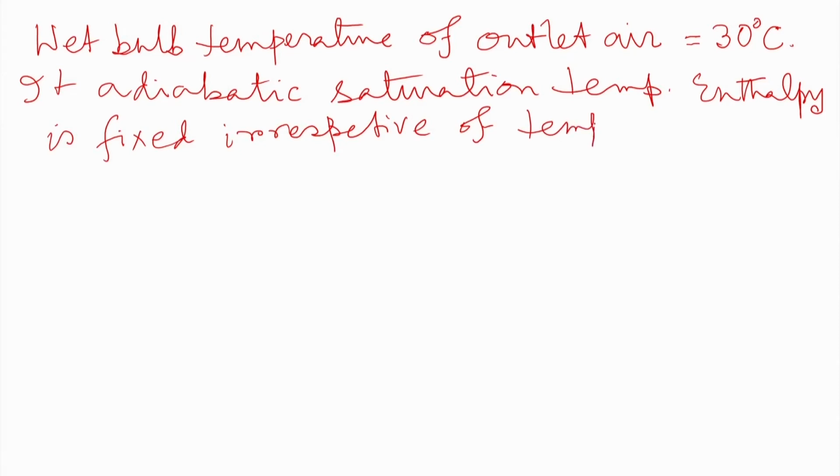Whatever dry bulb temperature the air attains, the enthalpy will remain constant, because the problem gives the wet bulb temperature of the outlet air as 30 degrees Celsius.